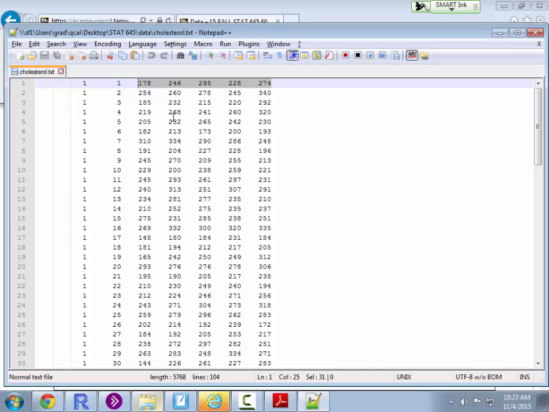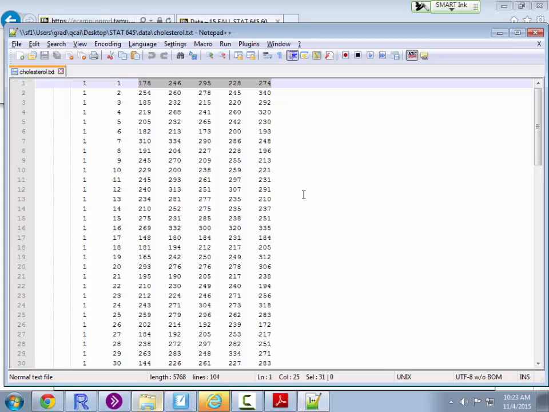So for these data, first column is treatment group. There's 2 treatments. Second column is ID. So that means that number 1 is the first individual in treatment group 1, that's the second individual, and so on. And these are the 5 response values over time for the first individual in the first treatment group.